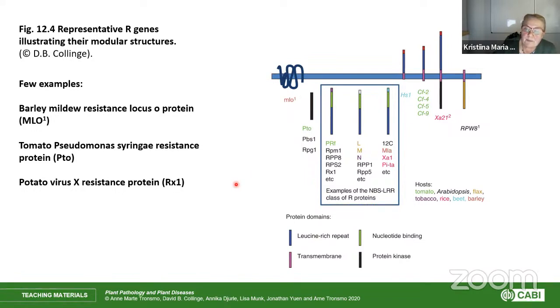These receptors are quite similar for many types of pathogens. They can recognize fungi, bacterial pathogens, and also viral pathogens.